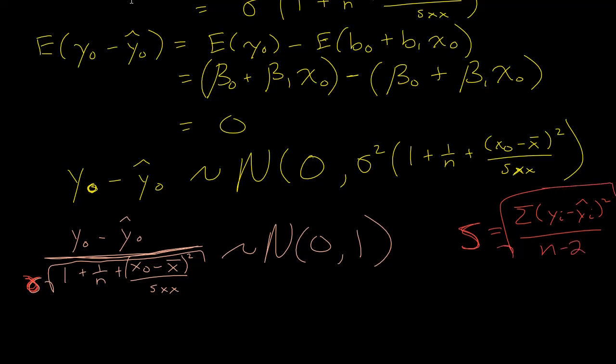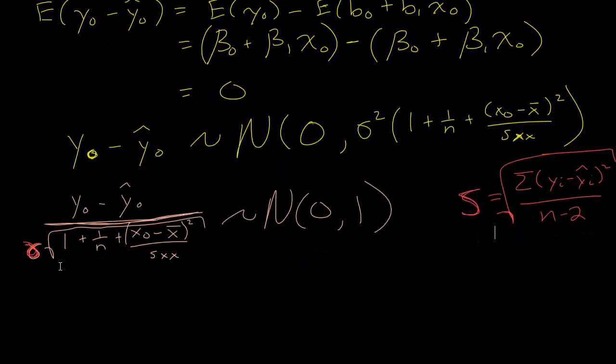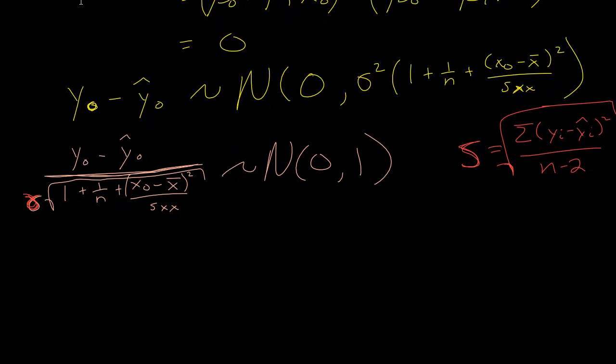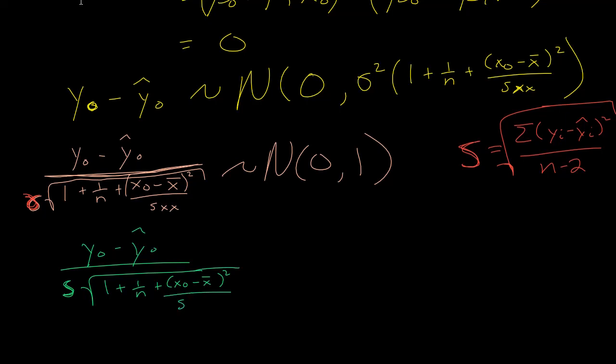So when I plug in s for sigma, I'm left with y naught minus y naught hat divided by s times the square root of 1 plus 1 over n plus x naught minus x bar squared divided by Sxx. This is now a t distribution with n minus 2 degrees of freedom.